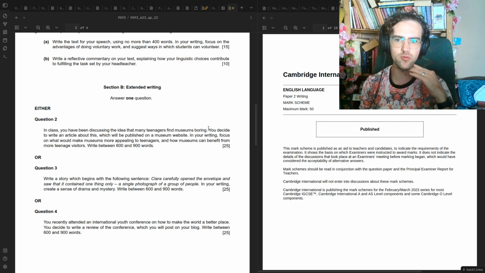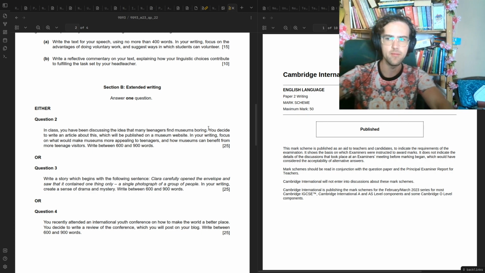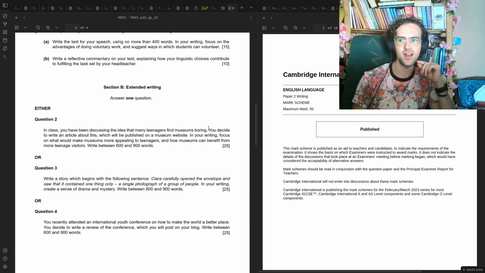And what we want to do is explore this idea of what would make museums more appealing to teenagers. So what we want our audience to do, we always think, what do I want from my audience? I want my audience, maybe as if they're teenagers, to be like, yeah, honestly, I would also go to a museum more if this was changed.